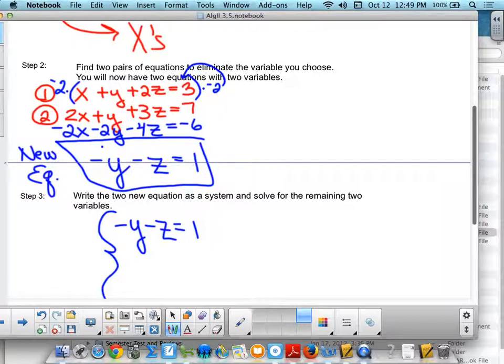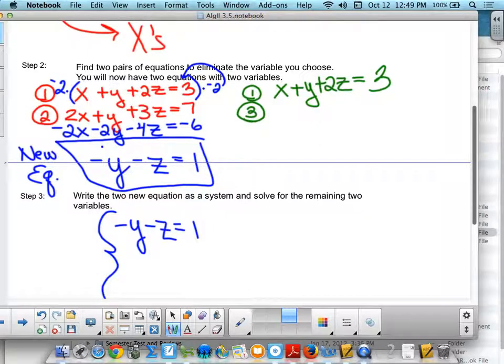We need another brand new equation down here. Well, where do we get that one? The other two. Pick two different equations. I sure hope you pick 1 and 3 now. 1 is right here, x plus y plus 2z equals 3.